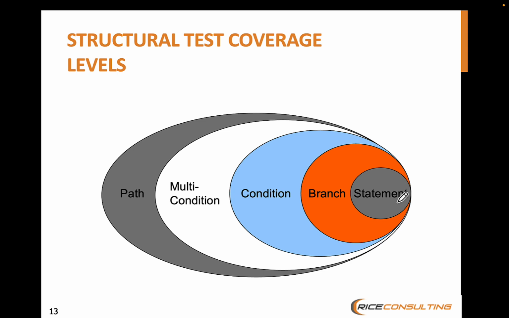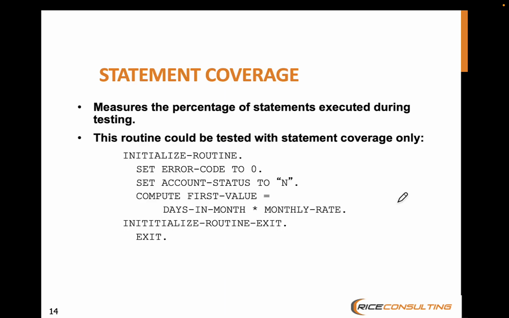Now I'm going to show you a few examples of these. So like with statement coverage, you could test this little routine with just simply covering every statement, and it would be meaningful. You would at least be assured that you've gone through the code every way you can go through it for this particular routine.